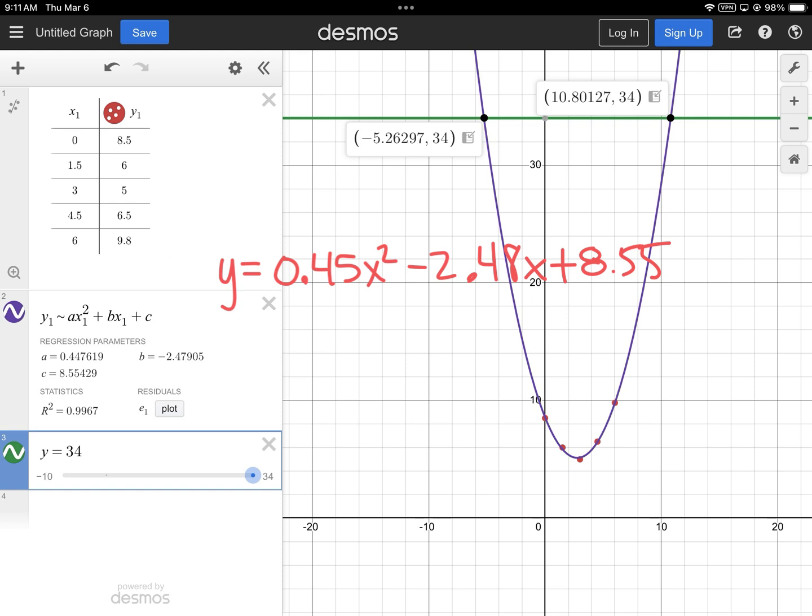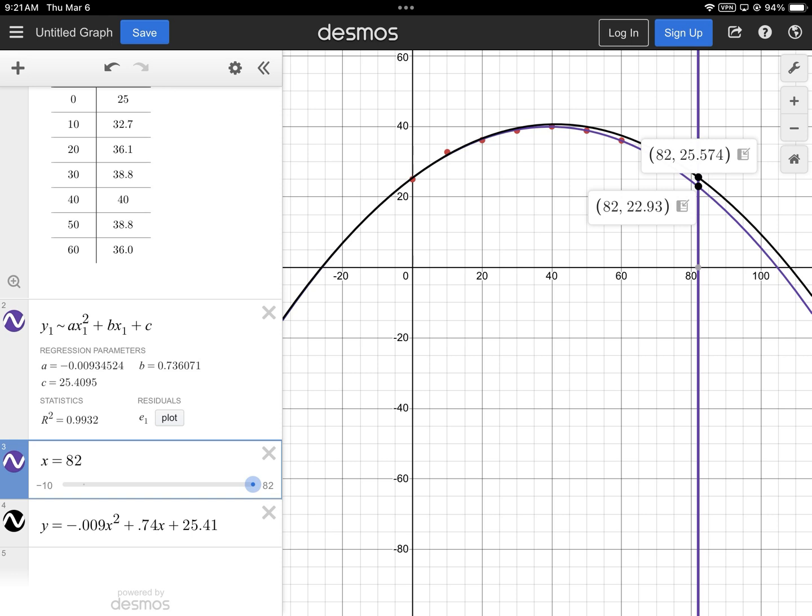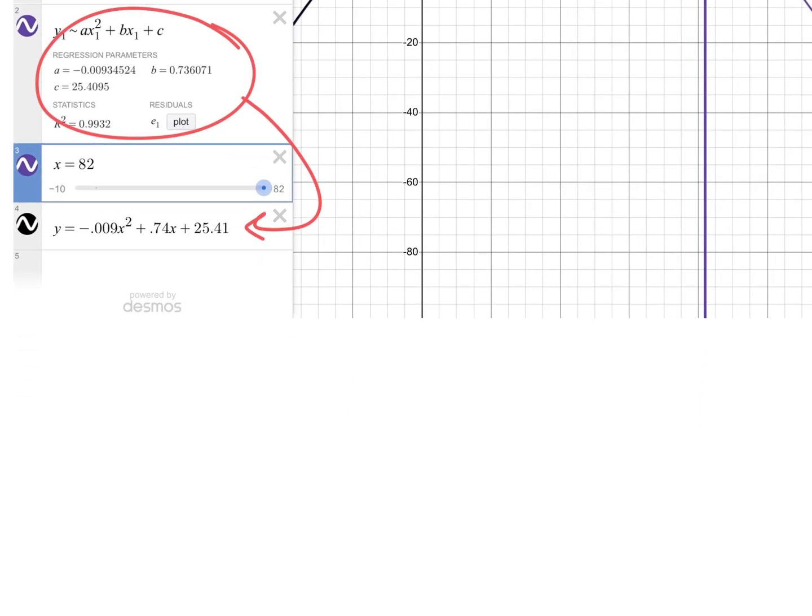Okay? So I went in, I edited my table I had before. I've got my new A, B, and C. Okay? And if you did the yellow calculator, you should have gotten those same numbers. Okay? So you can see I took those. I kind of rounded them a little bit when I put them. I'm just going to type the equation into Desmos, okay?